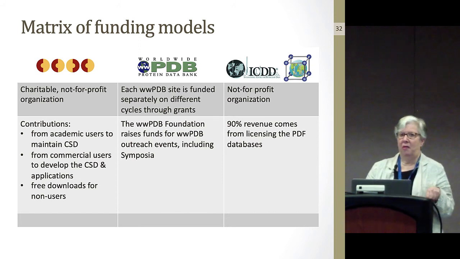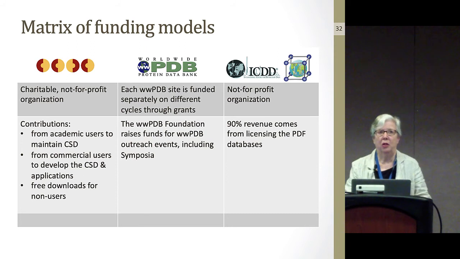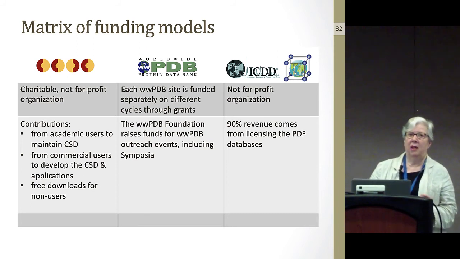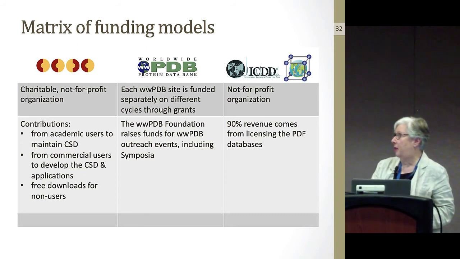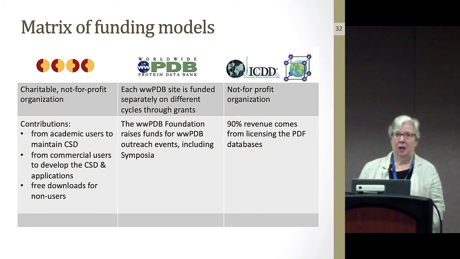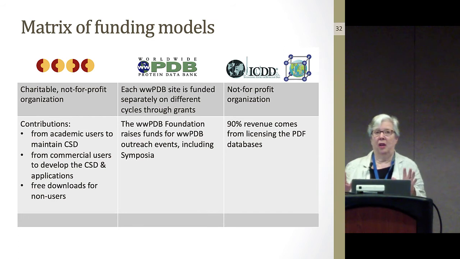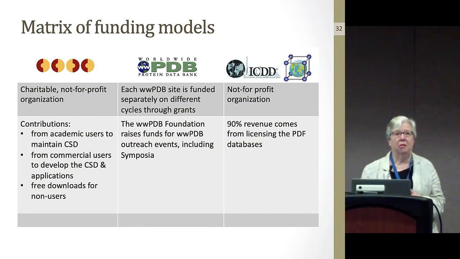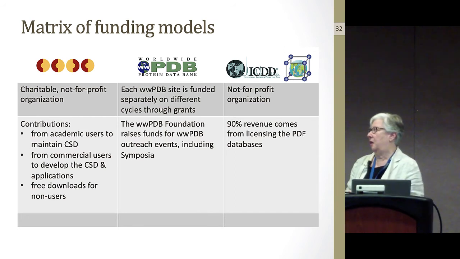We also have a foundation of our own, which we can use to help fund various educational initiatives. And the ICDD is a not-for-profit organization, and most of the revenue comes from licensing the PDF databases. So these are different ways of making sure that these data resources stay alive.